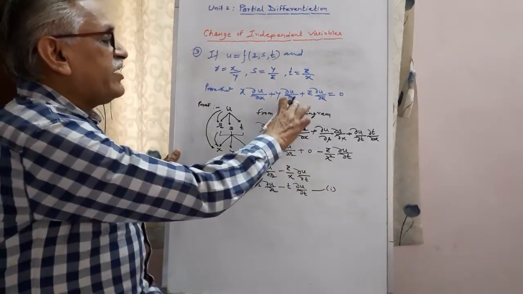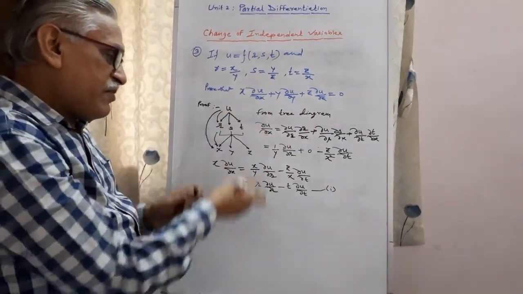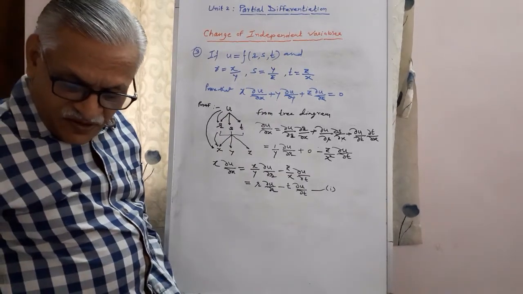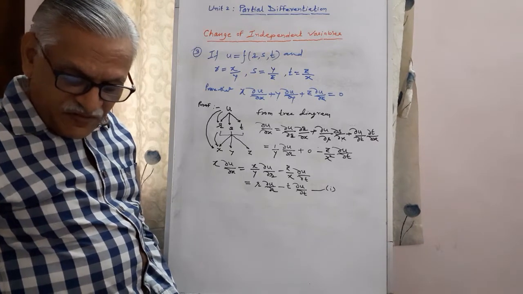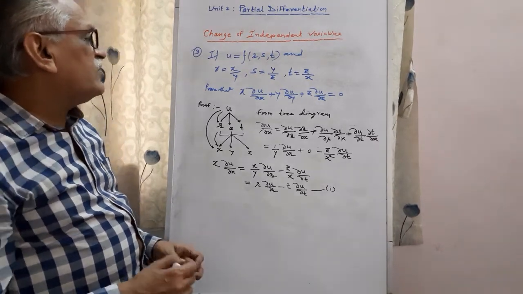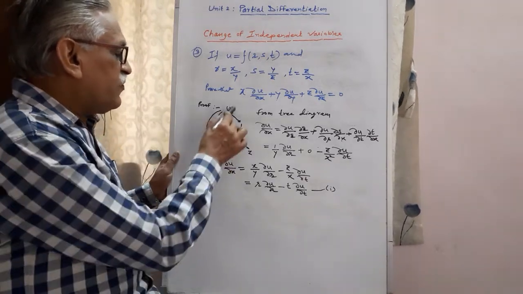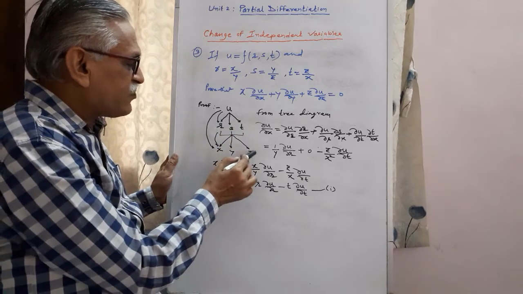Then find it multiplied by y, find it multiplied by z, by performing exactly on the same line, or we can write similarly, because the terms are in the same form. u is a function of r, s, t, and these r, s, t are functions of x, y, z.